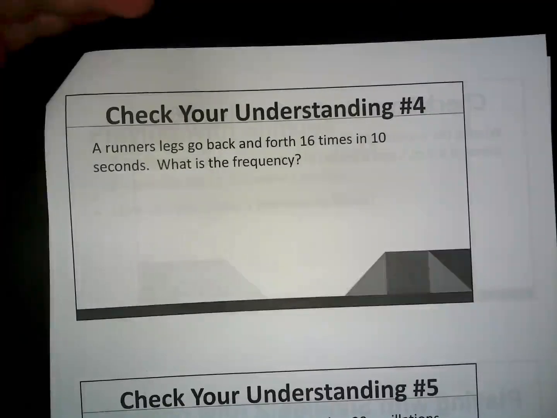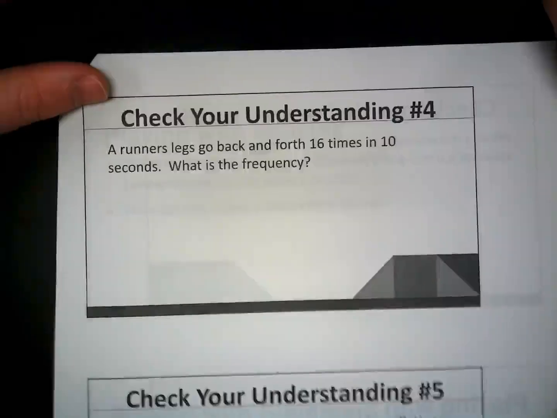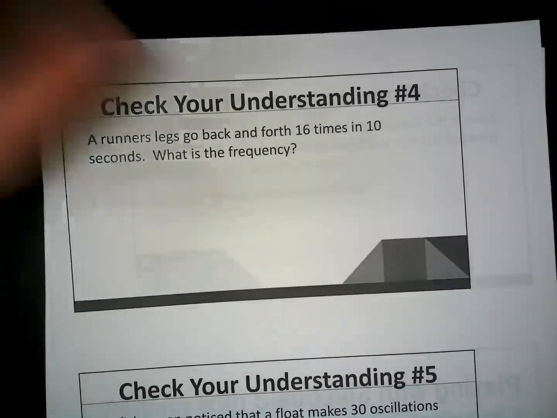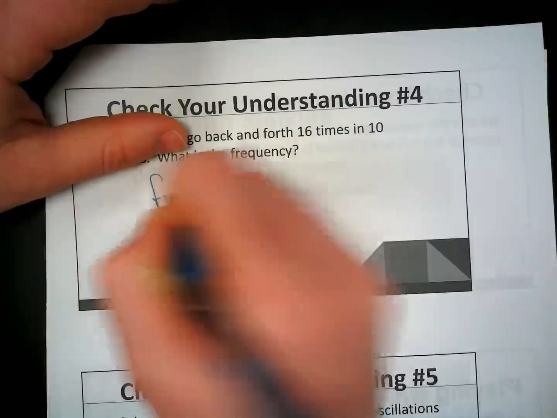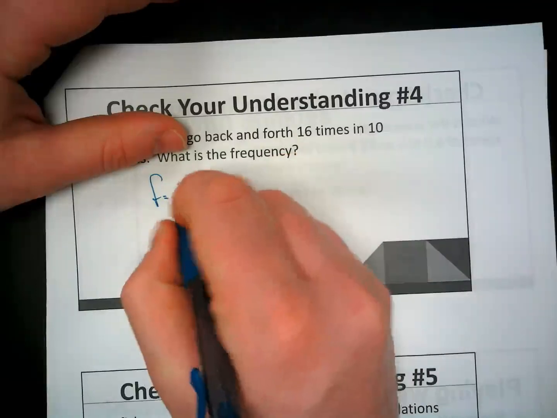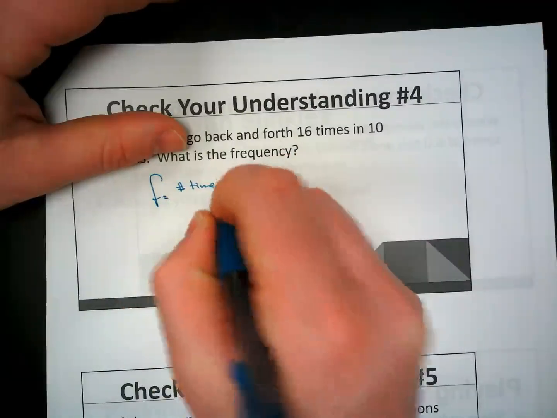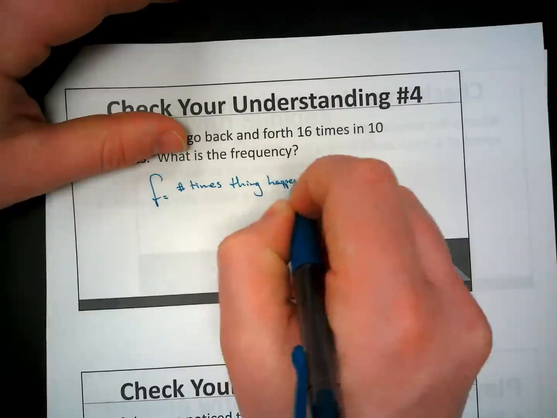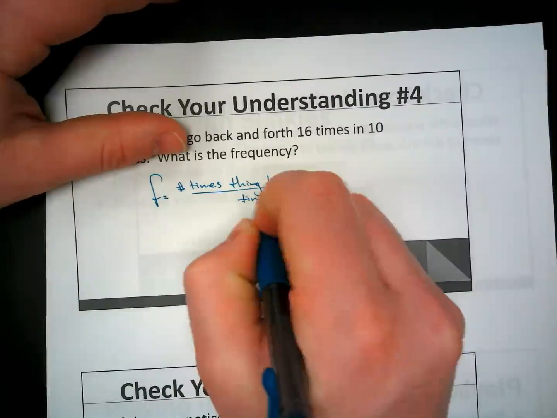Okay, so let's try this again. A runner's legs go back and forth 16 times in 10 seconds. What's its frequency? So here, now we have the number of times the thing happens and then some time. So how do we find the frequency? Frequency would be, again, the number of times the thing happens divided by time.